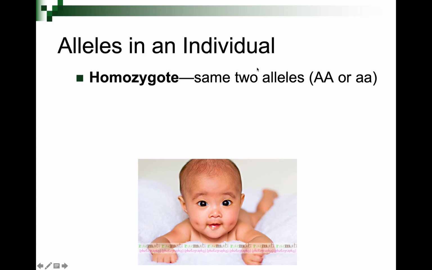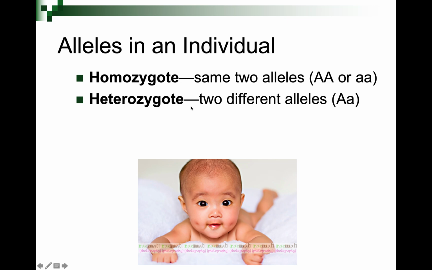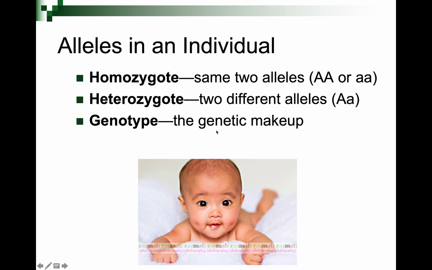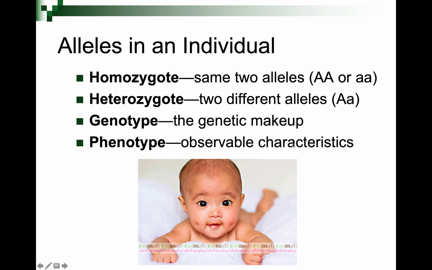If an individual has the same two alleles at the gene, then they're going to be homozygous. If there's two different alleles, so this one is a big A, little a, then they're going to be heterozygous. And this is the genotype for these individuals, right? And then the phenotype, again, is the observable characters that make up this cute little guy.